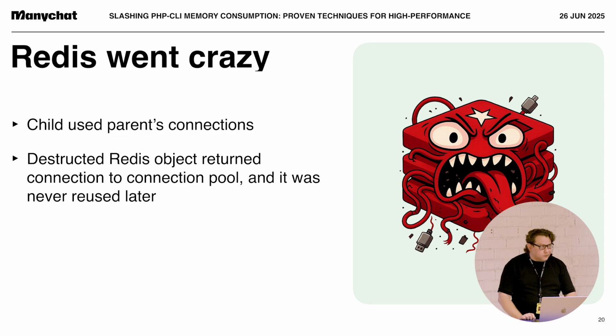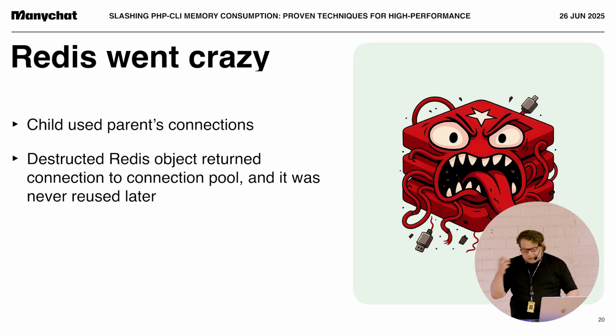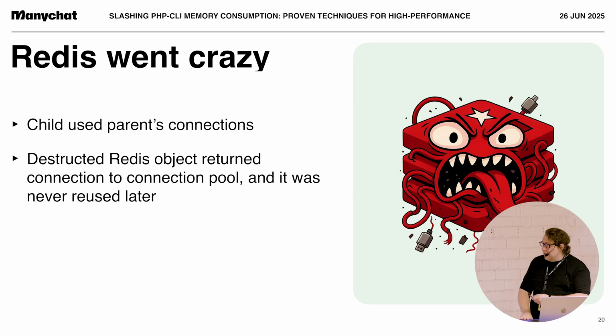So that was not very obvious for me, but if you are actively using exec or shell exec or something to spawn any other workers, make sure you don't have any open files or network connections or database or Redis connections, etc., or you will be using them until your second process exits.